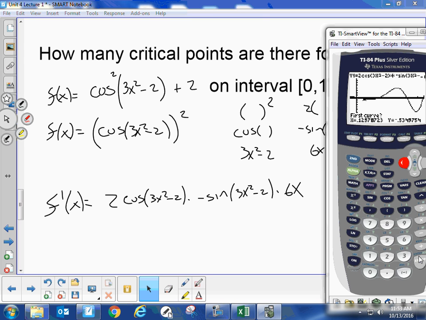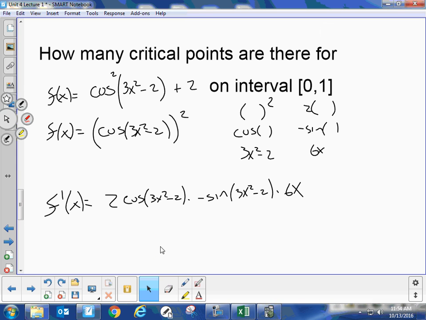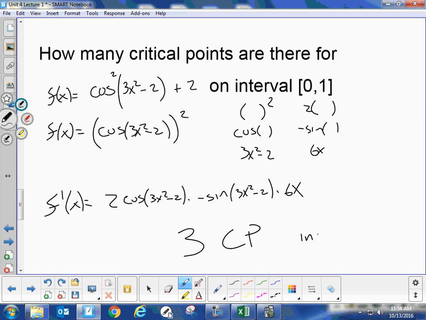Enter, enter, enter. Yep. So we would have 0, and then this value and this value, we'd have 3 critical points, including x equals 0. Okay? So that's the power of our calculator.